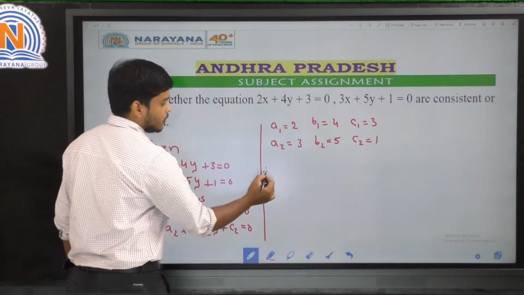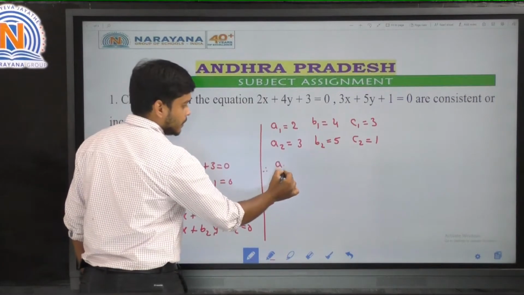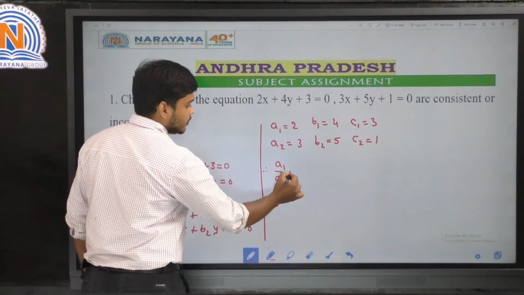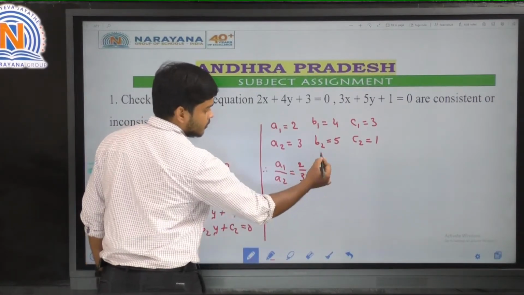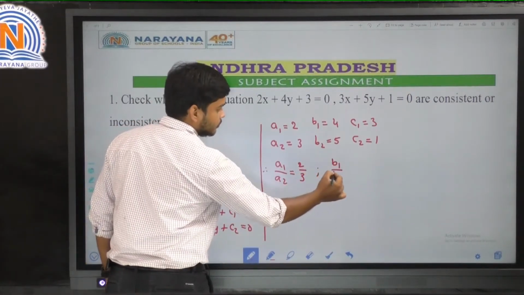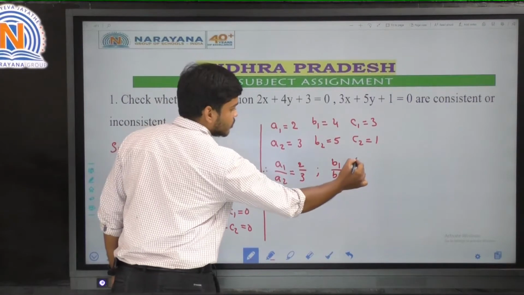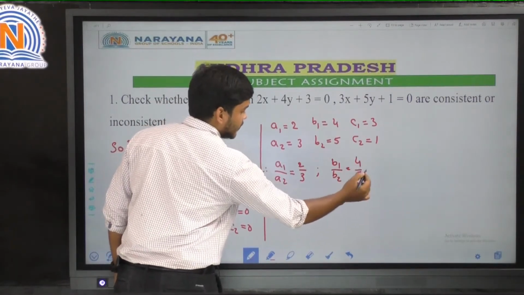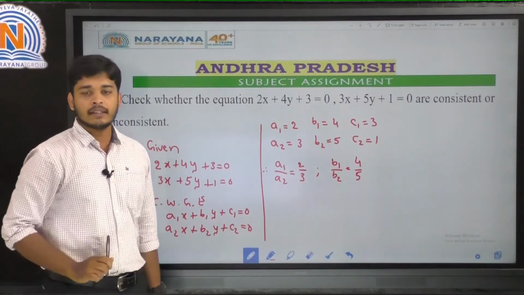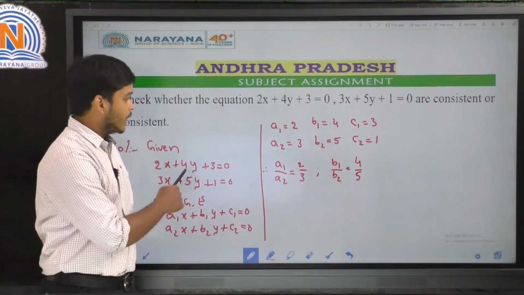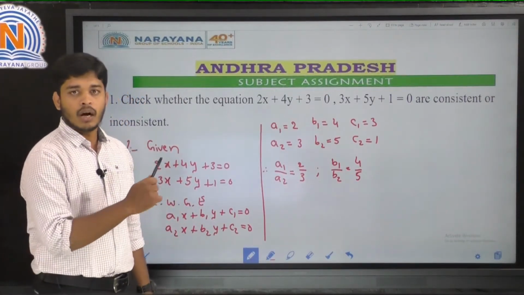Now the ratio of coefficients a1 by a2 is equal to 2 by 3. Now b1 by b2 is equal to 4 by 5. See here, if you observe, a1 by a2 is 2 by 3 and b1 by b2 is 4 by 5.